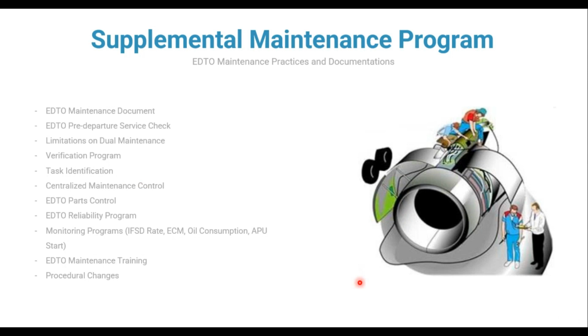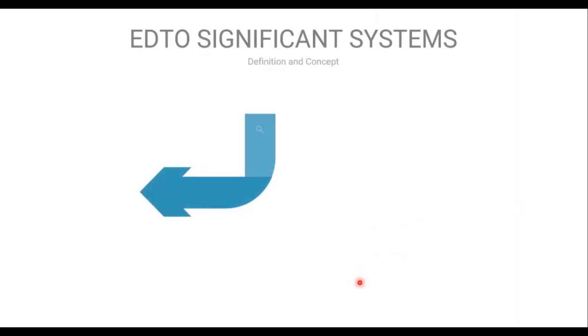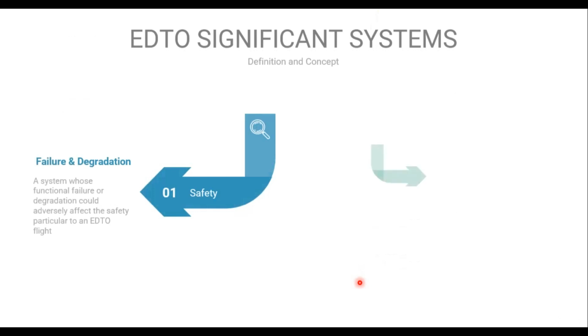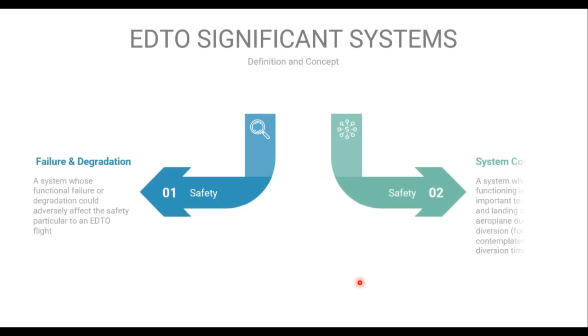The supplemental maintenance programs focus on the verification program, centralized maintenance control, maintenance training, procedure changes, and EDTO, the extended diversion time operations. So we have so many other considerations for maintenance, but I will try to go a little bit towards the operations part, okay?